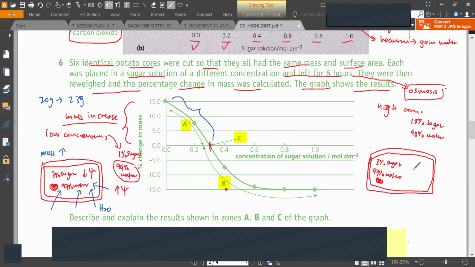So inside is high water potential, outside is low water potential. We expect the movement of water to be going out.